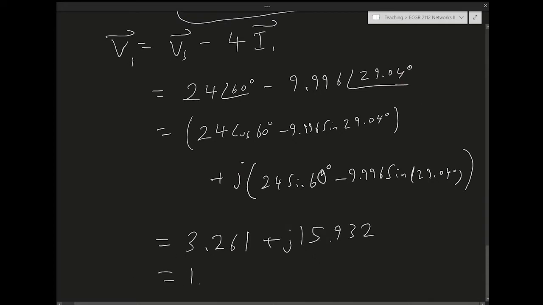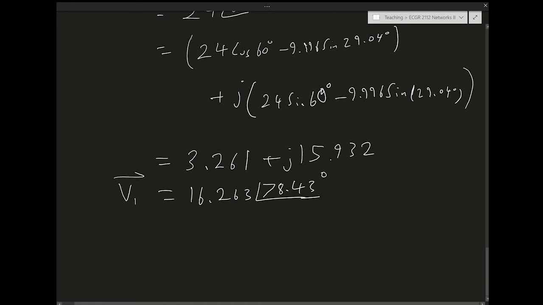I get 16.263, again using MATLAB, at 78.43 degrees. So while preparing the notes for the lecture, I did all those in MATLAB. And so that I'm not repeating the book, I chose to go to 3 significant digits. That's why you'll see some discrepancy from the example in the book.